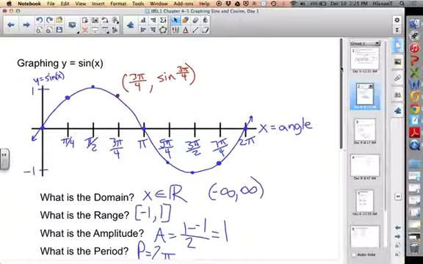I'll give you a couple minutes. You might need paper. Okay? Feel free to work with somebody. So we're doing the cosine one, right? Do the cosine one.